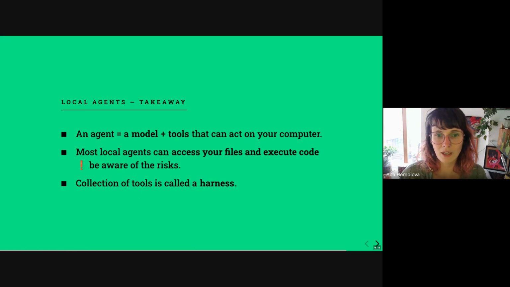And the collection of tools is called the harness. So this is also a term that you might encounter more in the future. So for example, Claude Code is an agent harness. Codex is also an agent harness. Open Code, which is software that we used in the workshop, is also an agent harness.